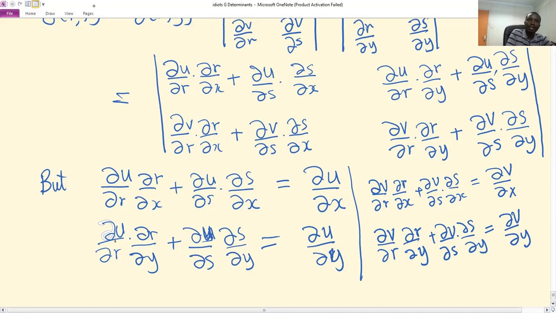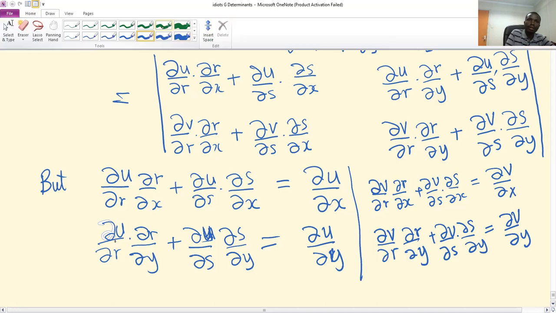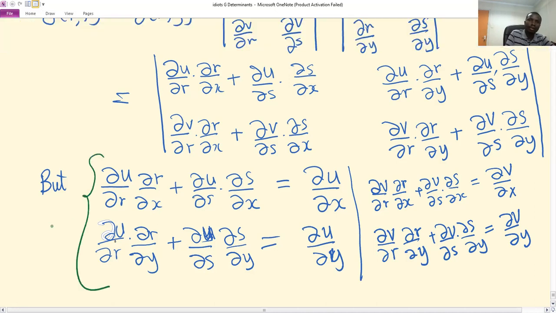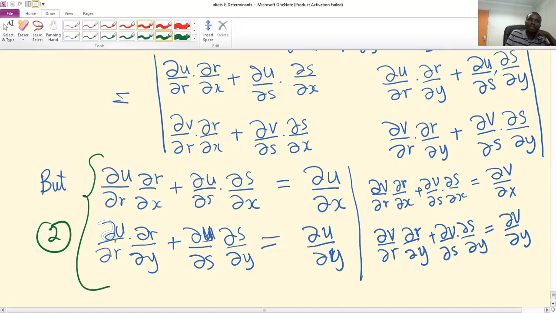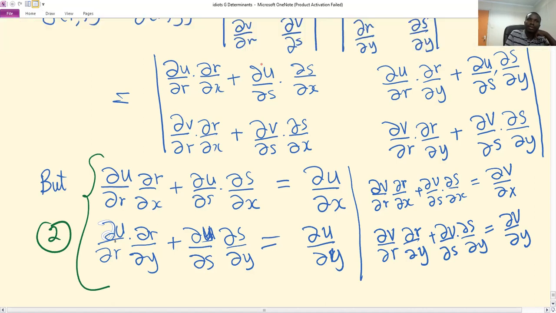Now, if I call all this 2, then replacing 2 in 1, this position will be replaced by partial u partial x, this by partial u partial y, this by partial v partial y, and this by partial v partial x.